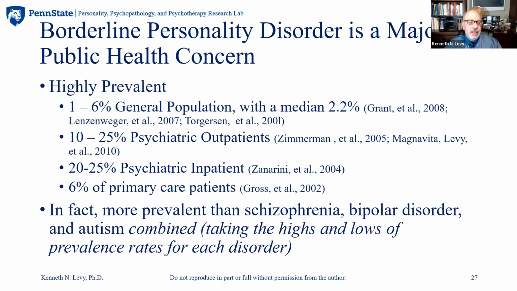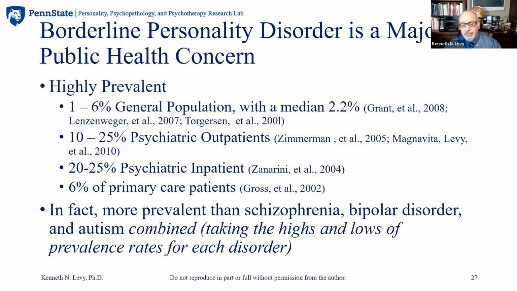So it turns out that borderline personality disorder is highly prevalent, 1 to 6% in the general population, with a median of 2.2%, about 10 to 25% in psychiatric outpatients, about 20 to 25% in inpatients. And one study looking at primary care patients actually found 6% of the people in a waiting room actually met criteria for BPD.